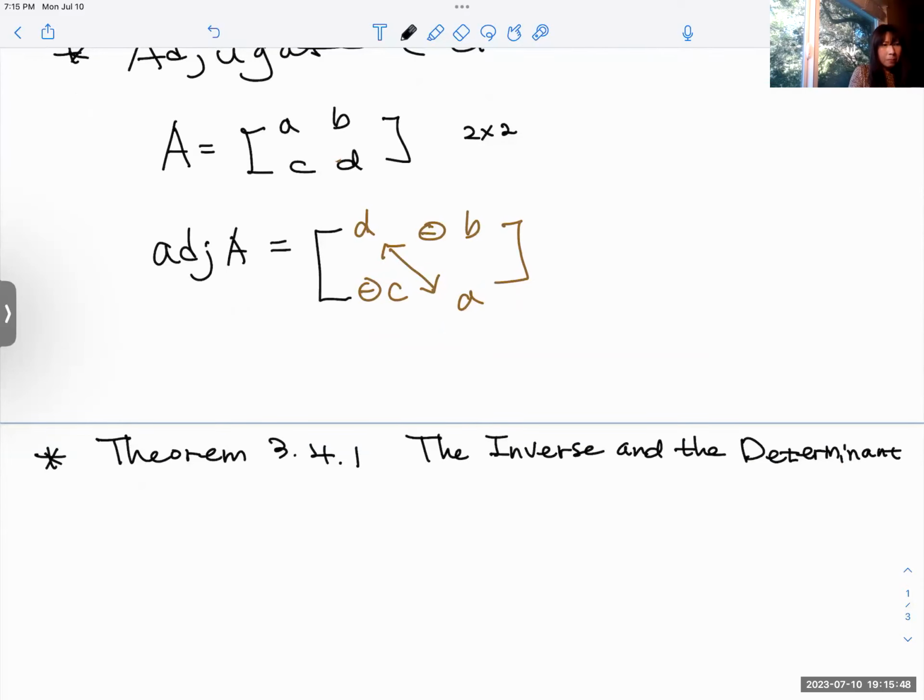So we have the determinant of A is not equal to 0, right?